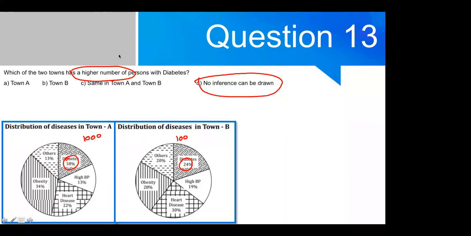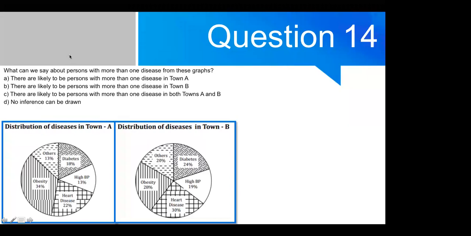Next. So what's the answer? Question number 14.